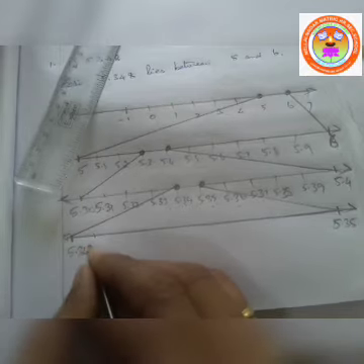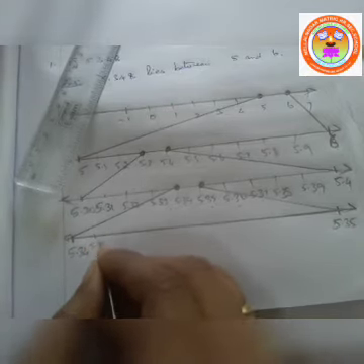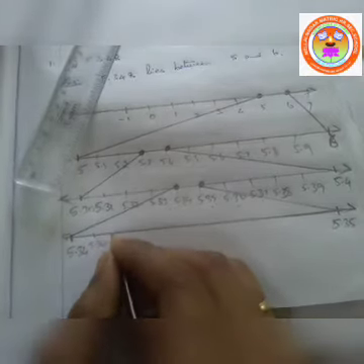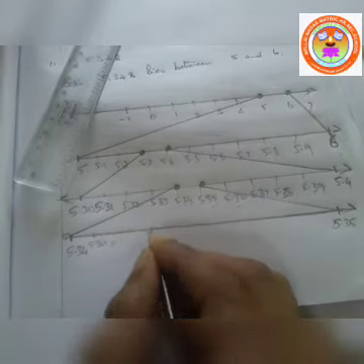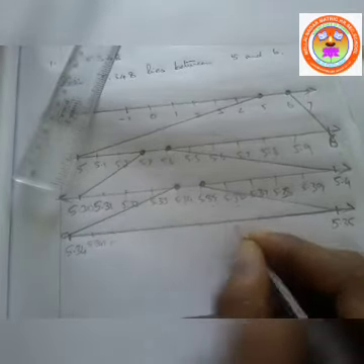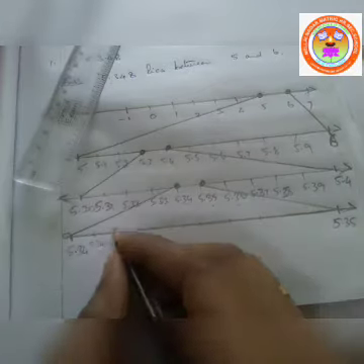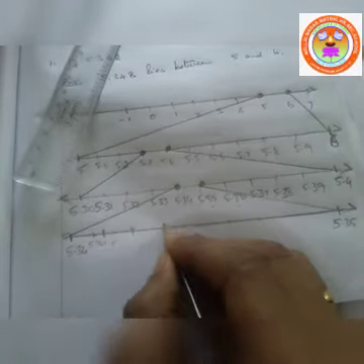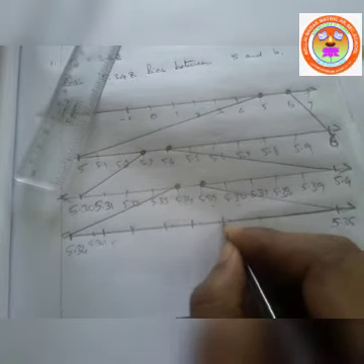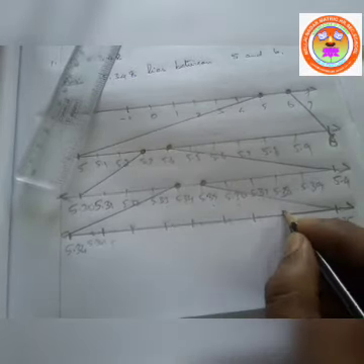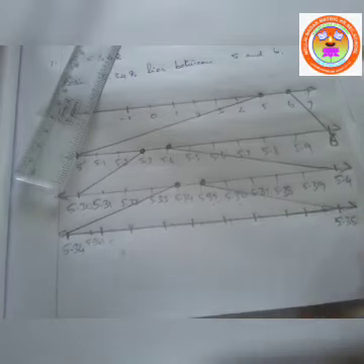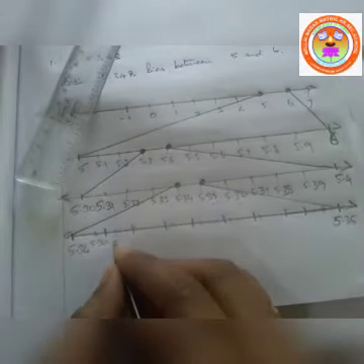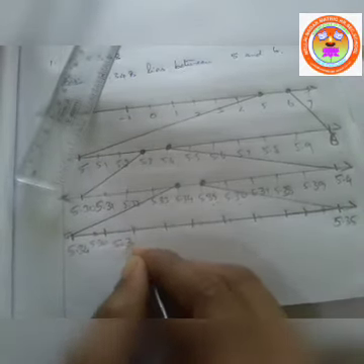So this number is 5.341. I will draw the divisions, 1, 2, 3, 4, 5, 6, 7, 8, 9. Okay. The next number is 5.342.